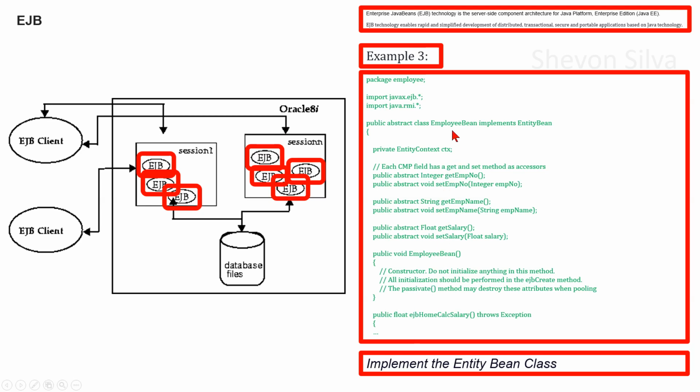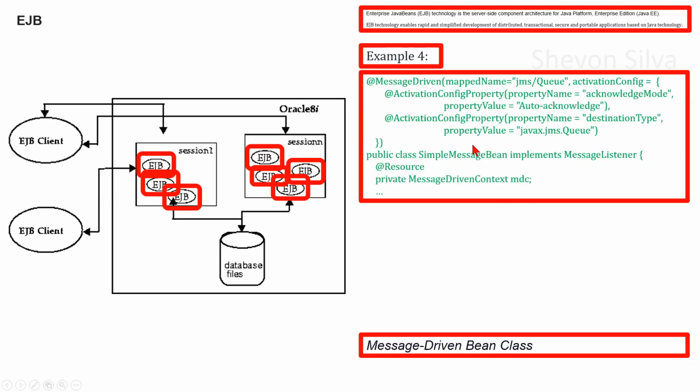As an example 4, we can consider the message-driven bean class. The code for the simple message bean class illustrates the requirements of a message-driven bean class. It must be annotated with the @MessageDriven annotation if it does not use a deployment descriptor.